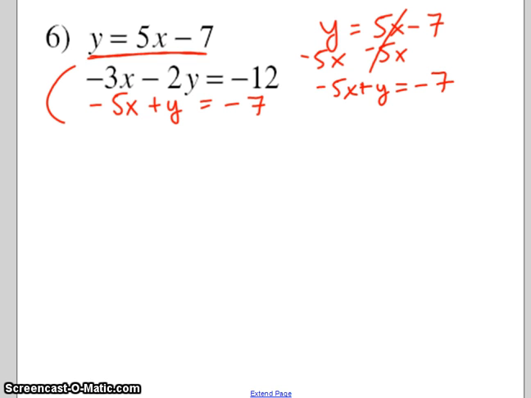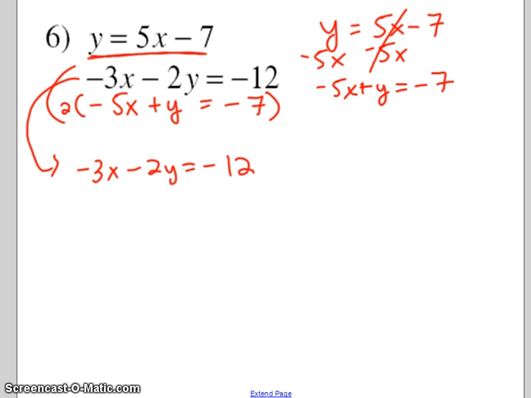This one, I'm going to multiply the second equation, the equation we made, by 2. So I have this equation, negative 3x minus 2y equals negative 12. And then I'm going to distribute. 2 times negative 5 is negative 10x. 2 times y is positive 2y.